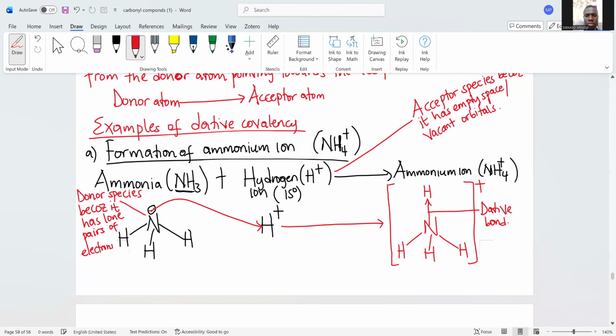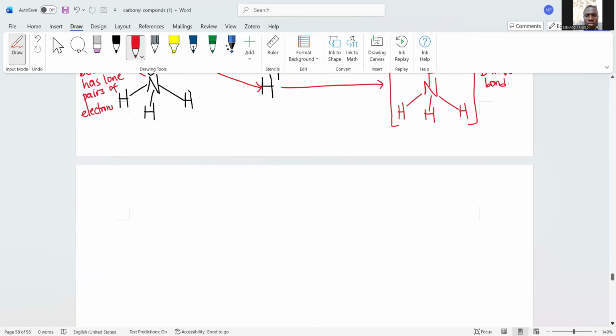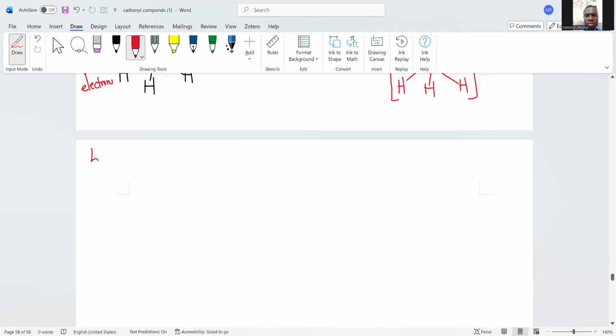Another example, formation of hydroxonium ion.